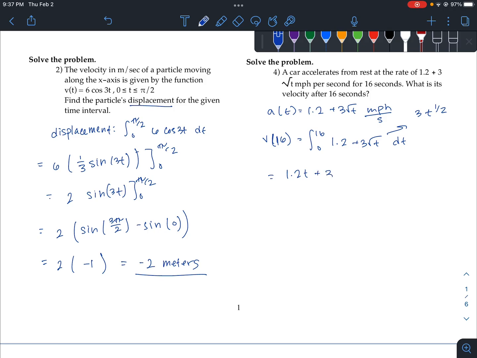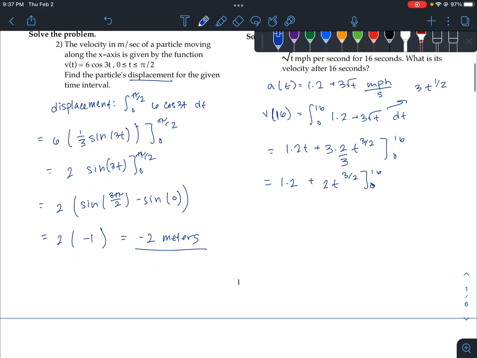So we'll have plus 3, and then we have to increase that power to be 3/2, so t to the 3/2 power, but we also have to multiply by 2 over 3 because that's the new power, so that will change our constant right here, and then that's going to be from 0 to 16, so we have 1.2t plus 2t to the 3/2 power from 0 to 16.